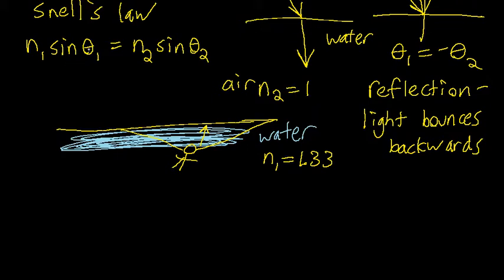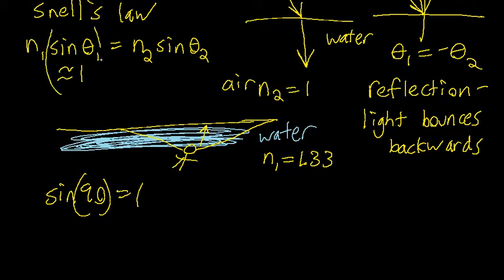When the angle is close to 90 degrees, the sine of 90 degrees is 1. So let's make this quantity close to 1. And we know that N1 is 1.33 and N2 is 1. So now we want to find this angle here.